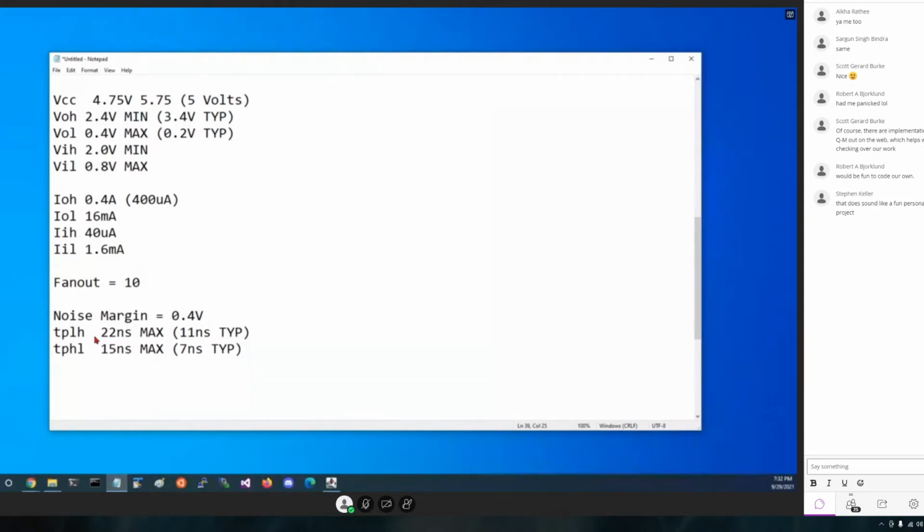So for a particular device, if you measured it and it was really closer to 11 or 7, you could design for that. But you're right at the edge of what this can do if you're worried about these numbers. But for simulation purposes, you would need to know that the output's not going to change, perhaps for 22 nanoseconds.